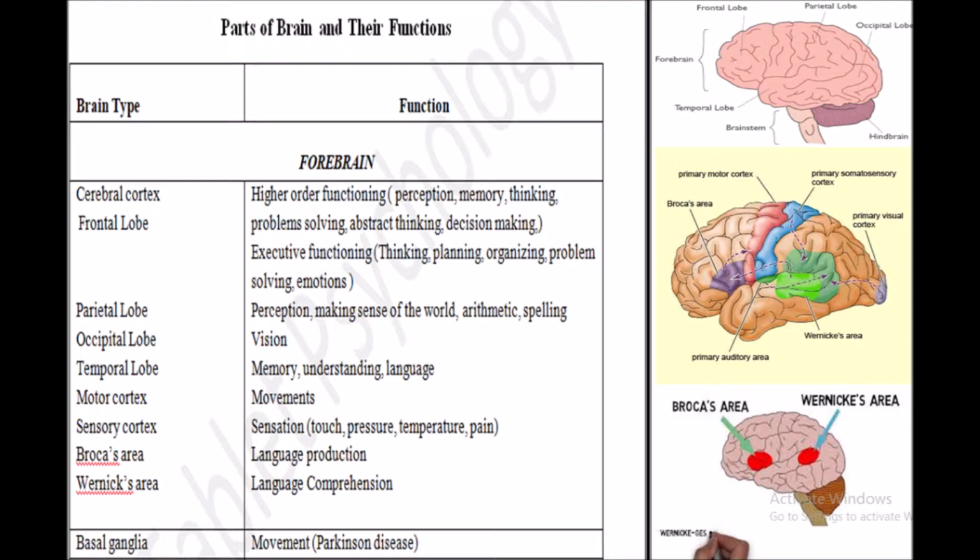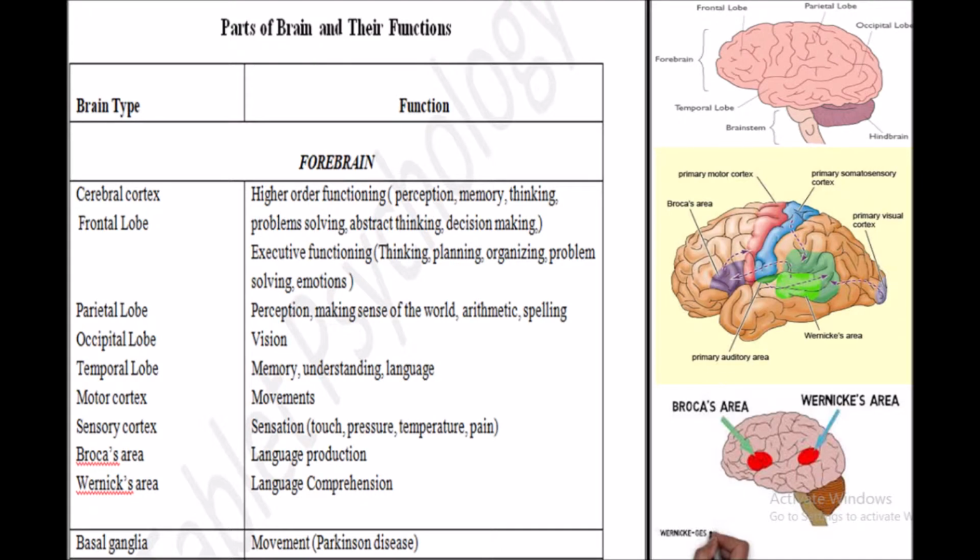Like first will be cerebral cortex, frontal lobe, parietal lobe, occipital lobe, and the last one will be temporal lobe. After lobes, there will also be other brain parts like motor cortex, sensory cortex, Broca area, Wernicke's area, basal ganglia, limbic system, and thalamus and hypothalamus, and so on.